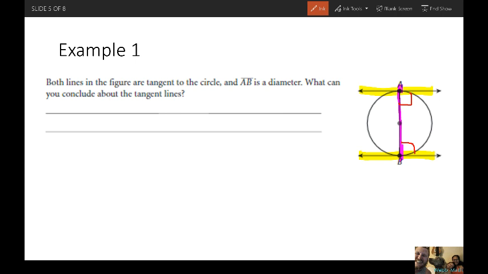So what does it tell us about the two tangent lines? Well, think about it. Don't we have alternate interior angles? If we have alternate interior angles, and they're congruent, then you could say that both these lines are what? Parallel. That's right. So now we're coming across this conversation about parallelism, alternate interior angles. So this can actually happen.